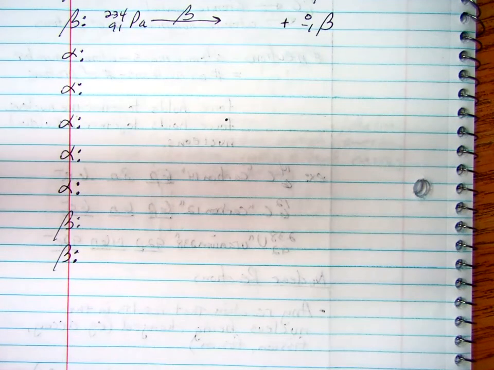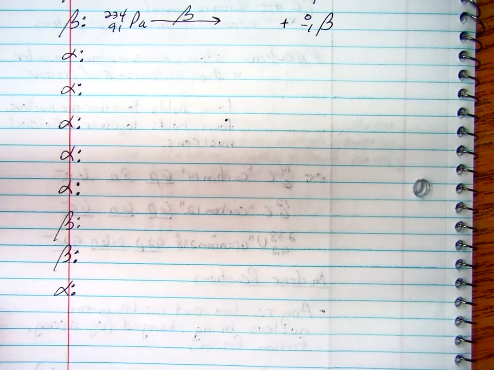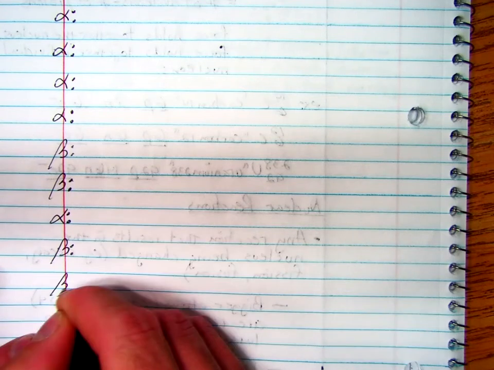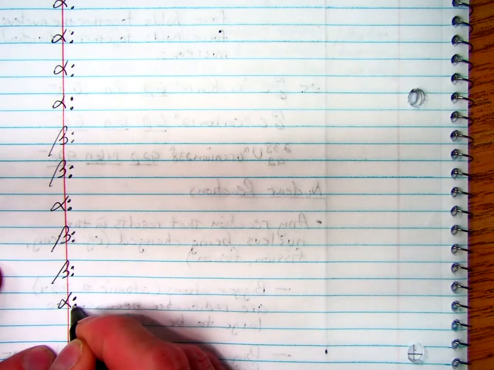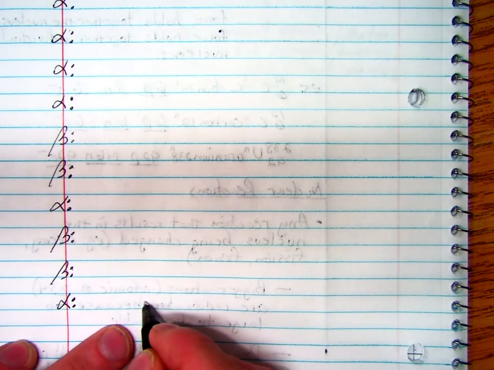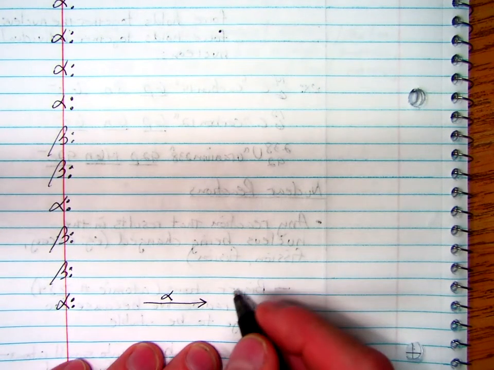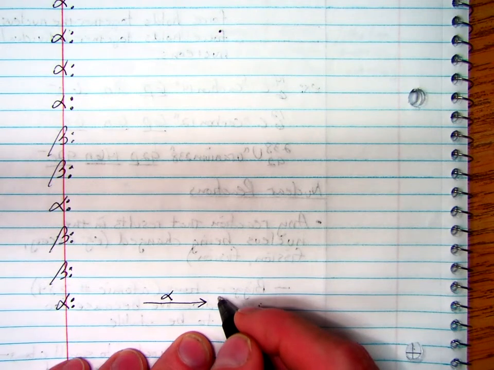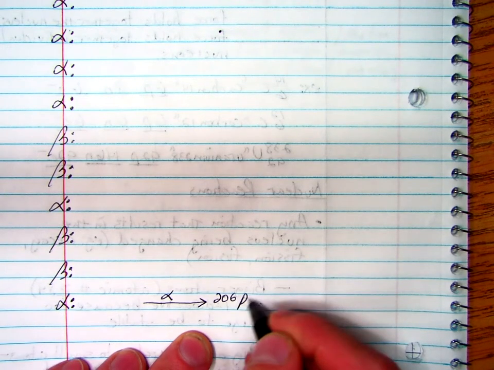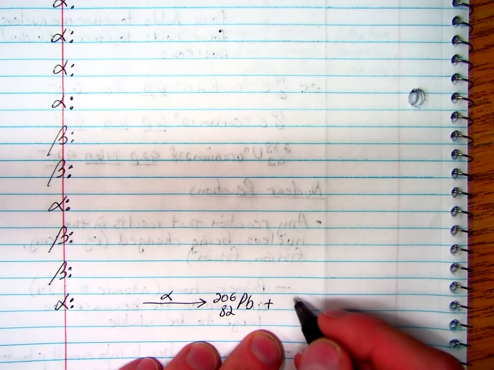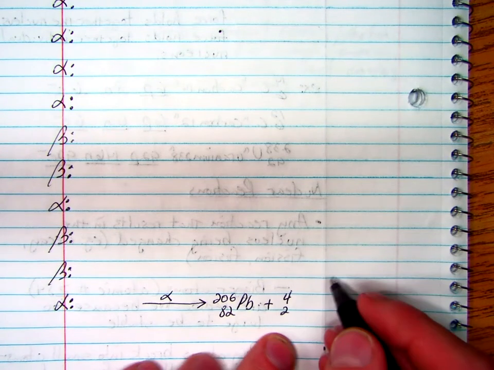Another alpha decay. 2 more beta decays. And an alpha decay. This last species will give you lead-206. Plus a helium nucleus.